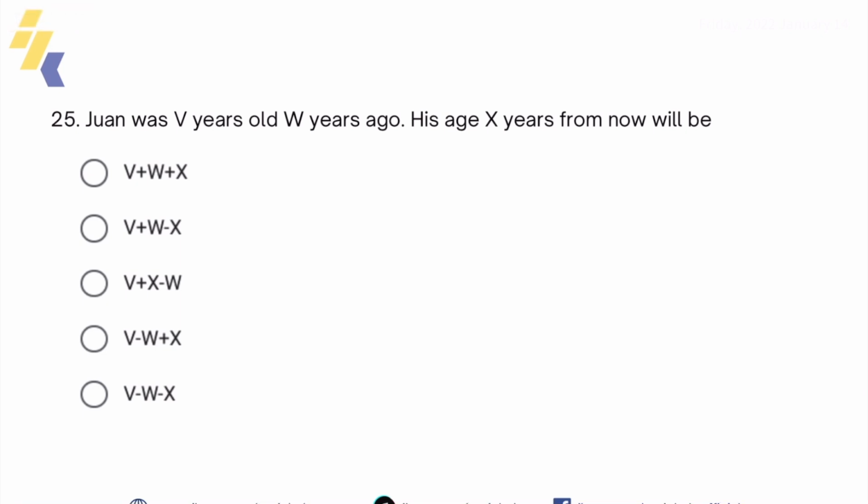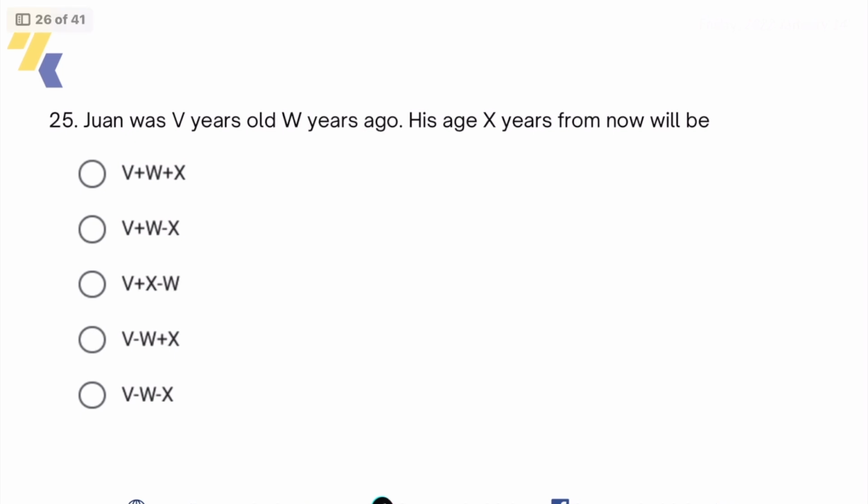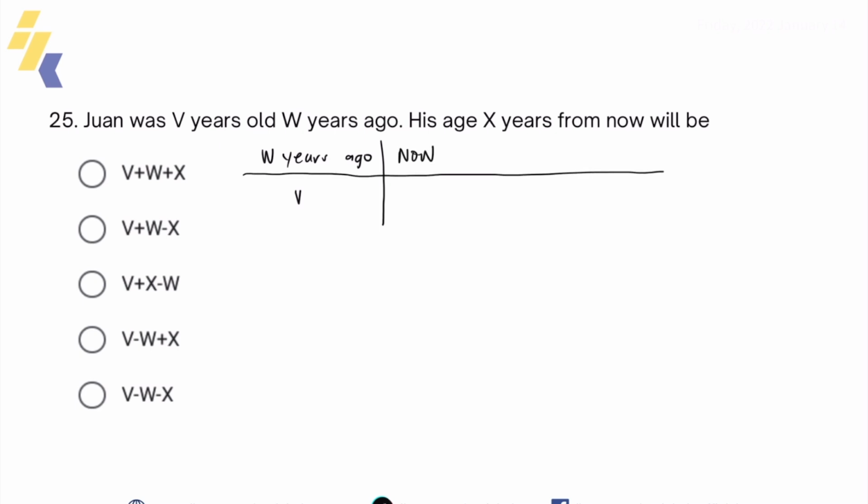Juan was V years old W years ago. His age X years from now will be, so yung W years ago, ilang taon siya? V. Now, he is V plus W years old.